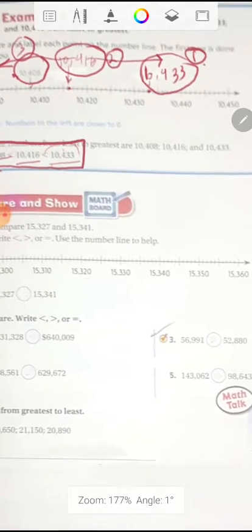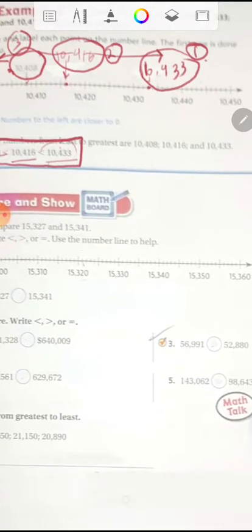I will make it closer for you. I will count after that 7. So this one will be 20, 21, 22, 23, 24, 25, 26, 27. So this is the first number, 15,327. Now what about the next one?